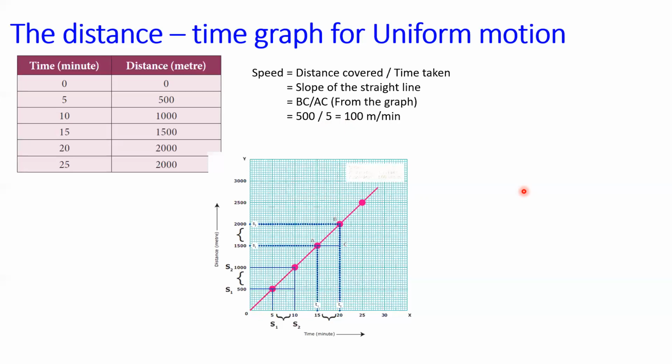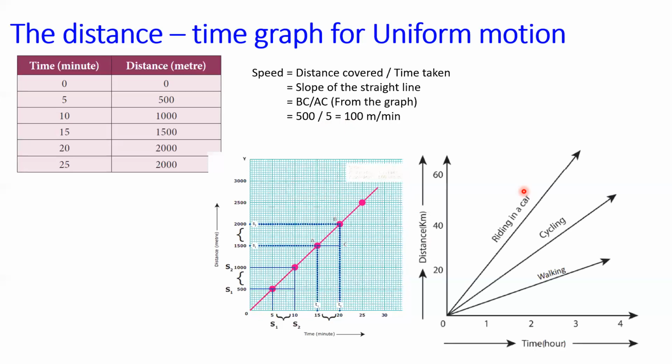And with the next graph, you will see we have drawn the graph by taking time along the x-axis and distance along the y-axis. When you walk, the distance covered by the person will be very less, or the speed at which the person walks is going to be very less.